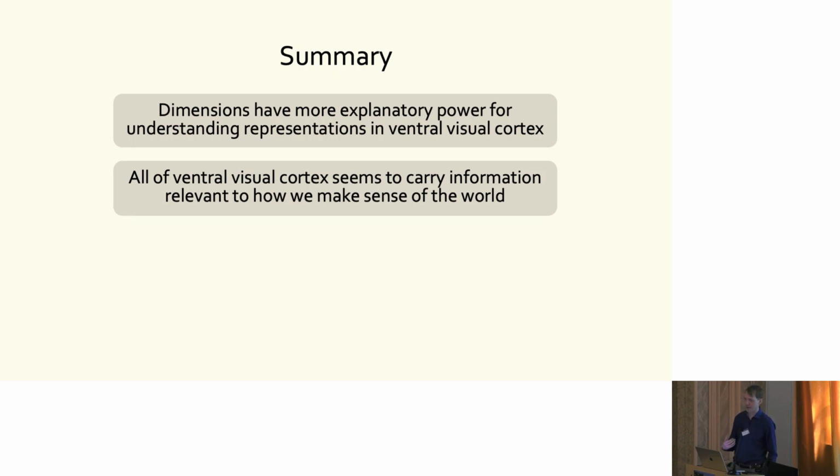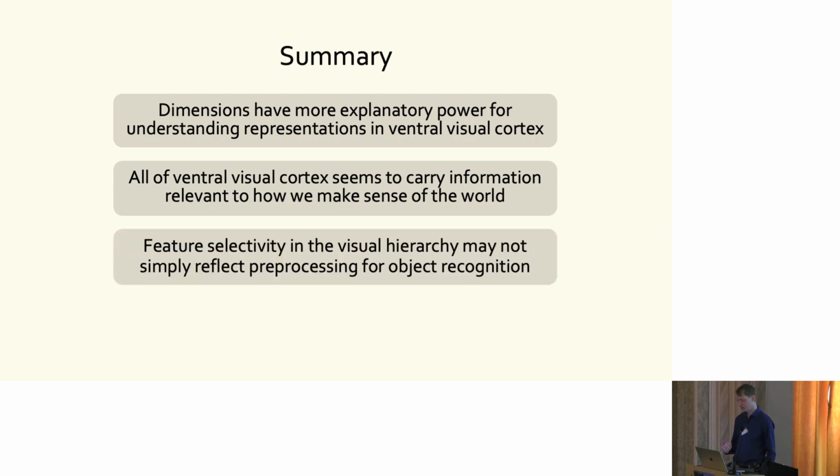I think we need to figure out whether these are really used in our behavior as well, or whether these are just correlates of these responses, or are they actually causally relevant for how we're making sense. The feature selectivity in the visual hierarchy may not simply reflect pre-processing for object recognition, but in fact might be an integral part of the way in which we're making sense.